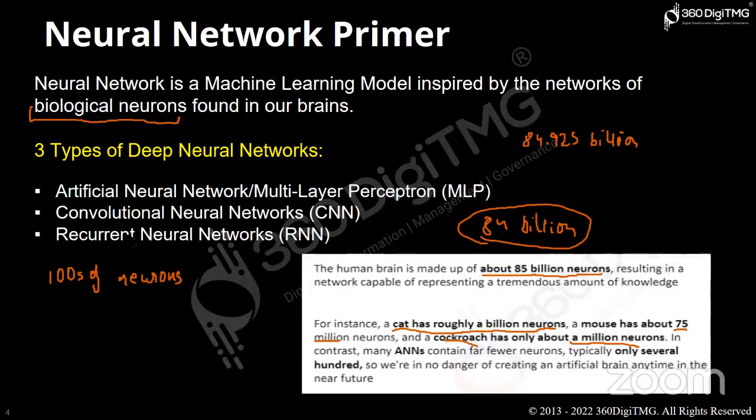So all this talk about AI taking over the world, it's nothing. I always say that a dog is smarter than what your machine can do. But these several hundred neurons are enough to process complex information.